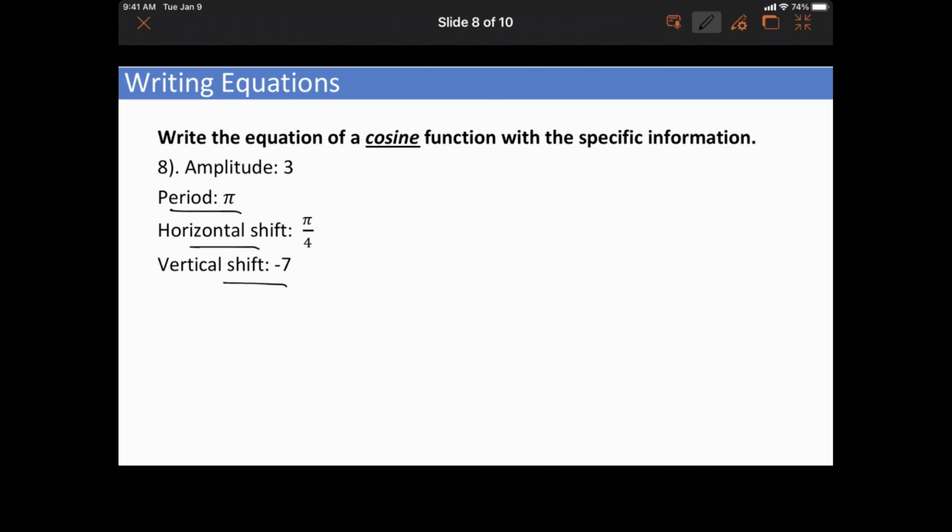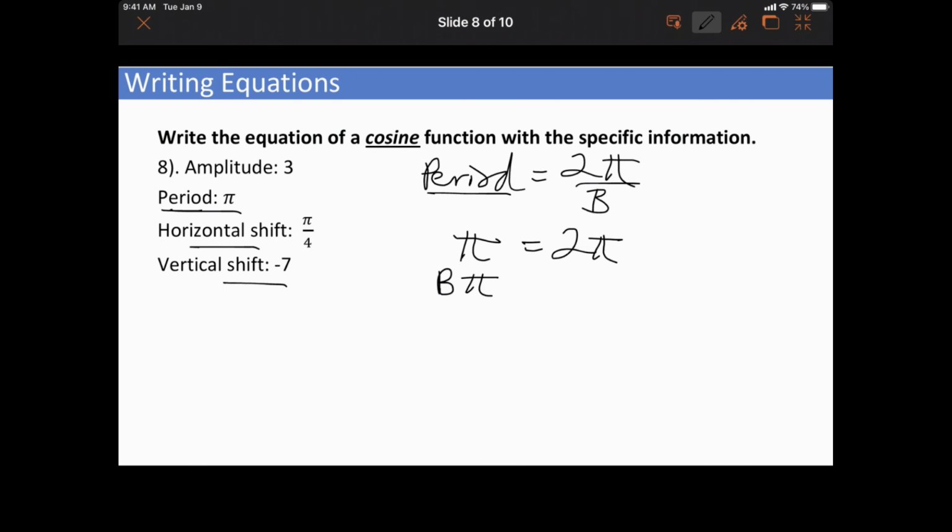All right, so with the period, we have to find b. Remember the period equals 2 pi over b. I know the period is pi, so that goes there. So b times pi equals 2. The pi's are going to cancel out, so b equals 2.